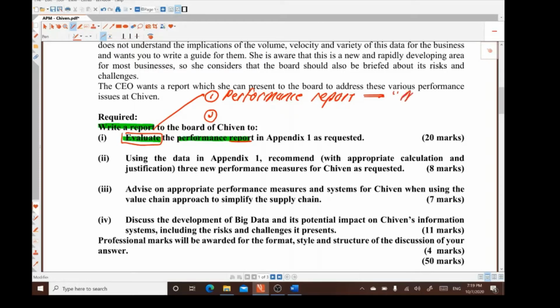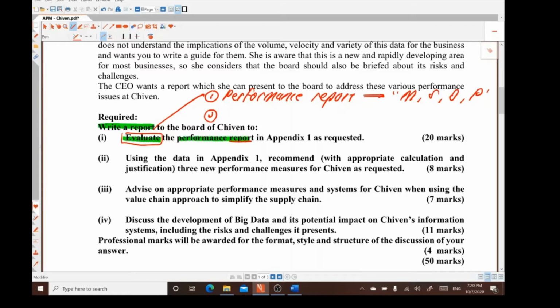For example, the M, S, D, and P. Now, class, this is always seen to be one of the commonly seen exam questions in ACCA APM. Bearing in mind, M stands for mission, S is strategy, D is design, P is presentation.